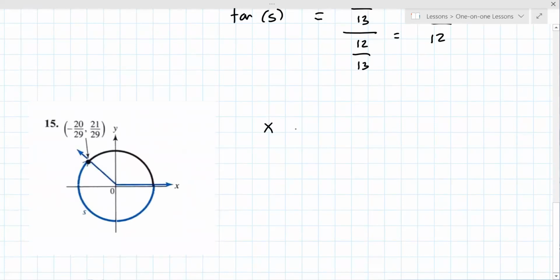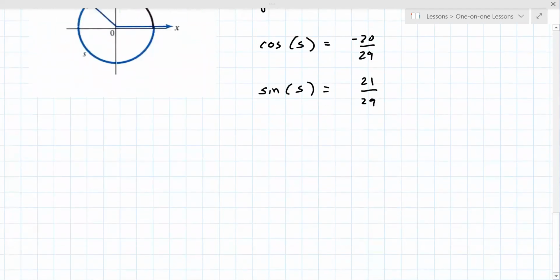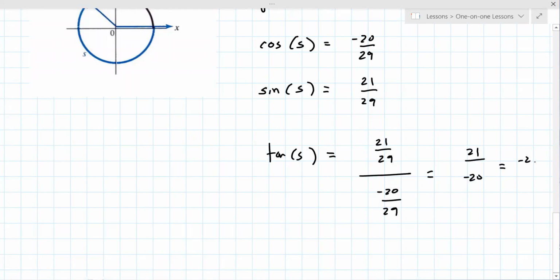So cosine of s is -20/29. Sine of s equals 21/29. Tangent of s is 21/29 over -20/29. And then the bottoms just cancel. So you get 21 over -20, -21/20.